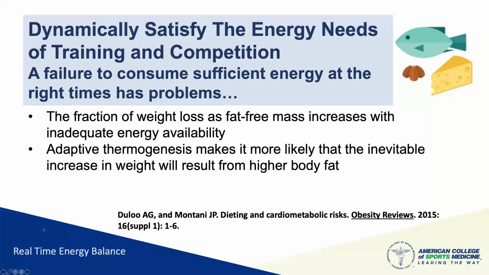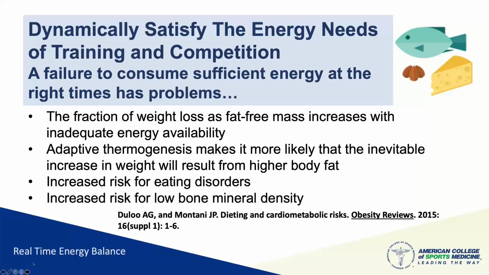Adaptive thermogenesis, which very often takes 4, 5, 6 months to occur, that is, you become excessively energy efficient, makes it more likely that the weight recovery that you have will be higher body fat, not higher musculature. And it increases the risk for eating disorders. So restrictive eating is not a particularly good strategy for athletes.